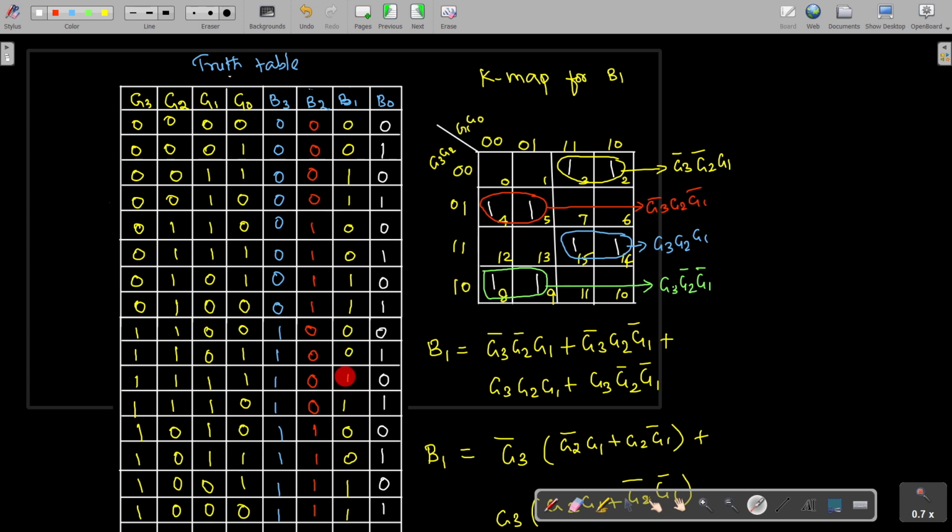Then we go for this. This corresponds to 1111. 1111 corresponds to 15, isn't it? Place a 1 here. Then this one corresponds to 1110, corresponding to this one, right? 14.